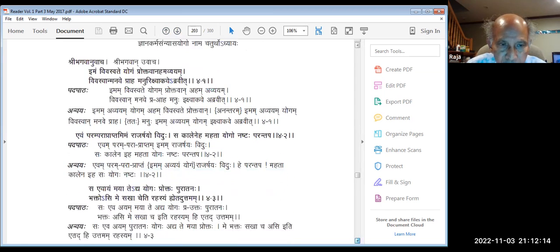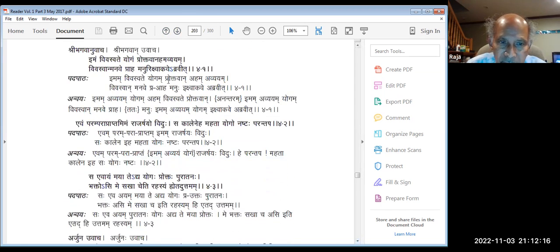Then it is your duty to combine these padas to get into the sloka. You only try to do what you know.